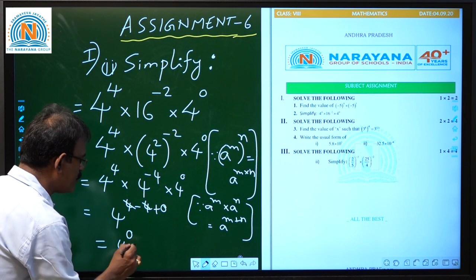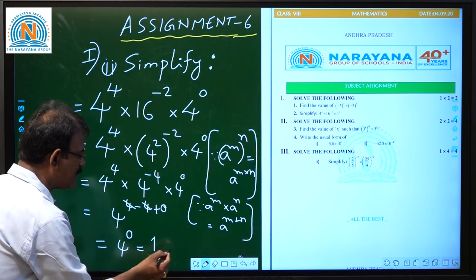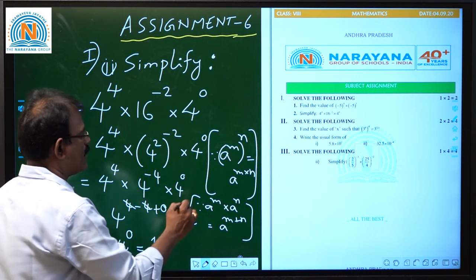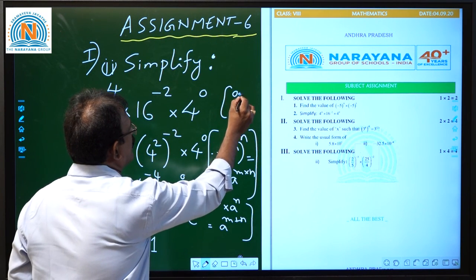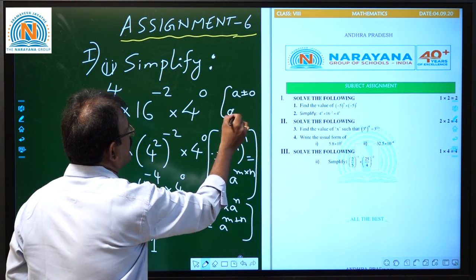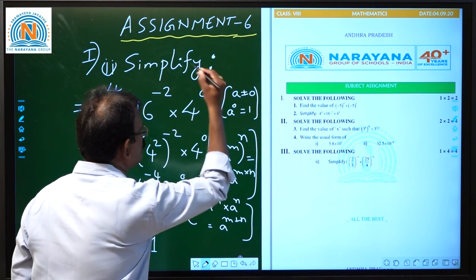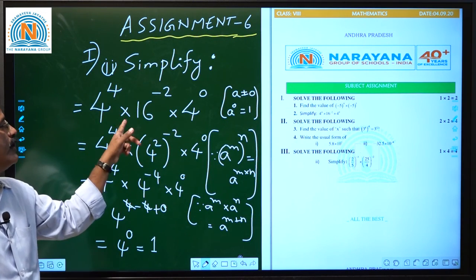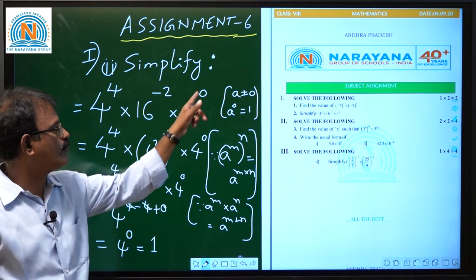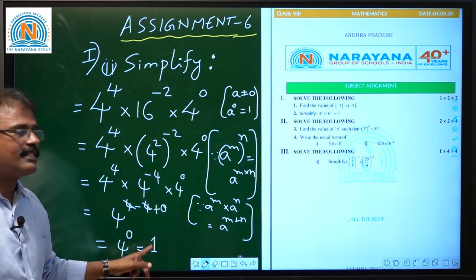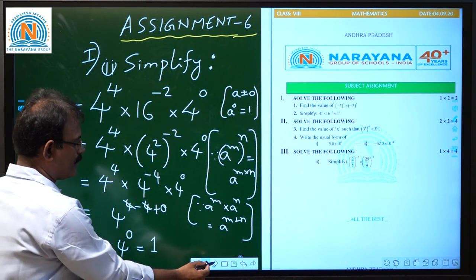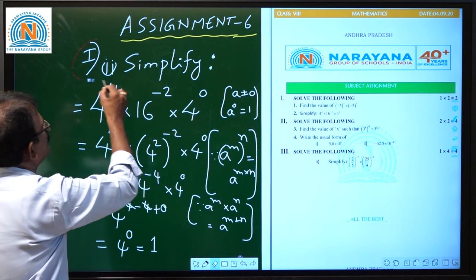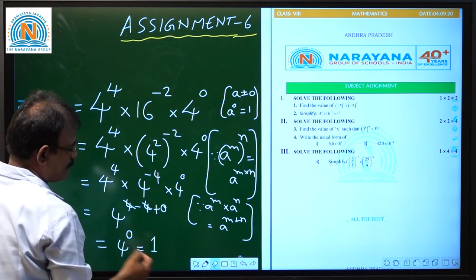So 4 power 0, again this value becomes 1, because you know if a is not equal to 0, then a power 0 value becomes 1. So what is the value of 4^4 into 16^(-2) into 4^0, children? It is 1. Let us come back to second Roman.